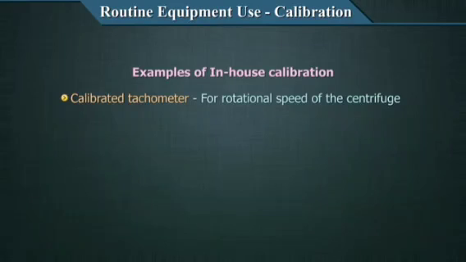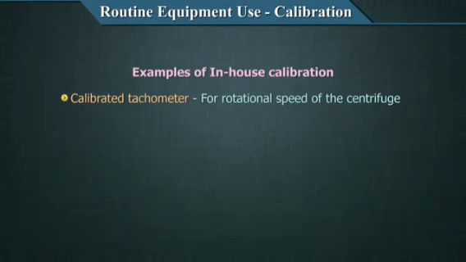When you're talking about your major analytical equipment, generally the manufacturers themselves do the calibration as required. And more importantly, calibration verification is very important, because after you calibrate, you run a quality control to make sure that your calibration is correct.